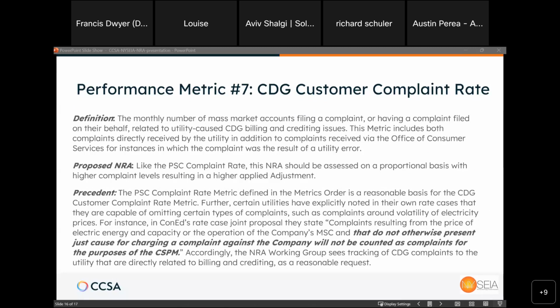I think this is Louise. I think maybe I misspoke. The complaints are from two buckets, right? It's the normal process that happens now with OCS getting complaints, but then it's also the complaints that the utility gets that the utility is saying are their fault, and then those being combined. And again, the reason is because lots of customers do not escalate their complaints.